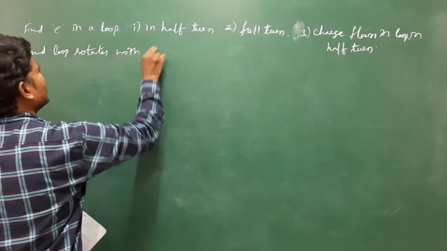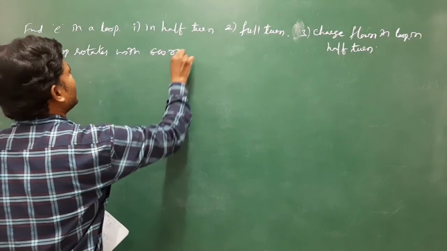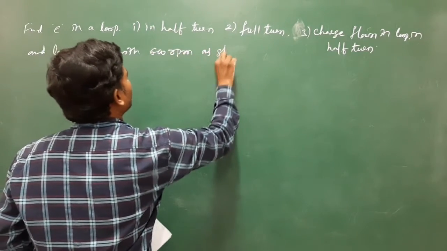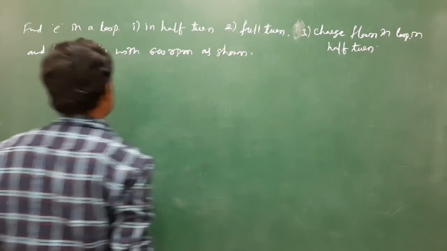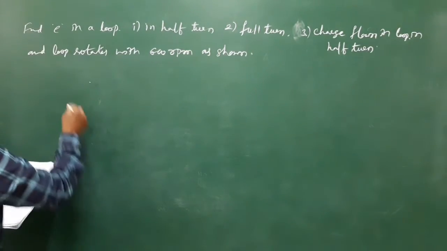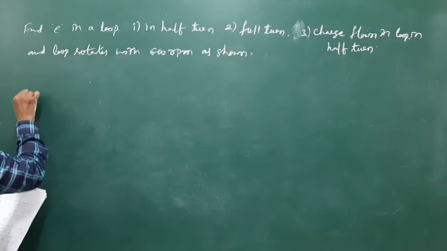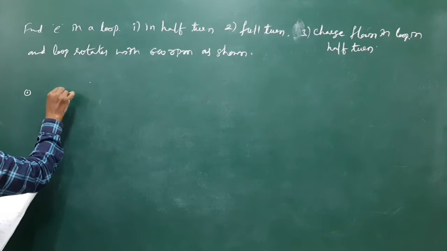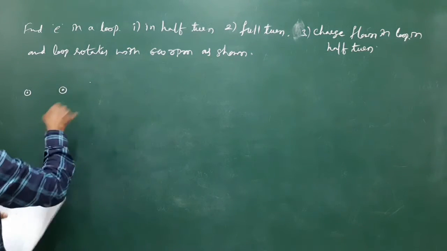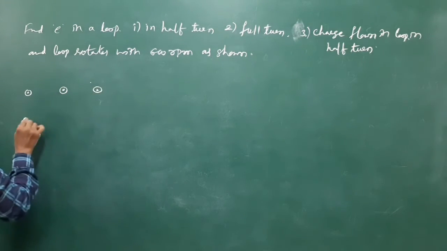Given this also, the loop rotates with 600 RPM as shown in the figure. Now I am going to draw everything. See, the field is given like this. I am giving the data here instead of writing the words. So this is the field outside.